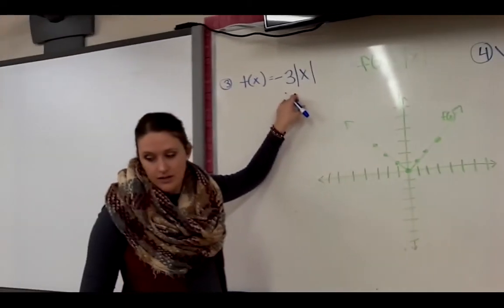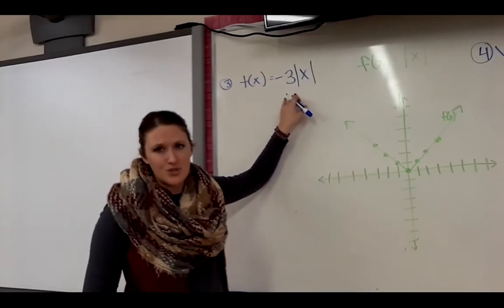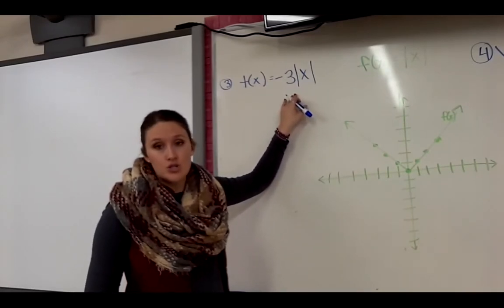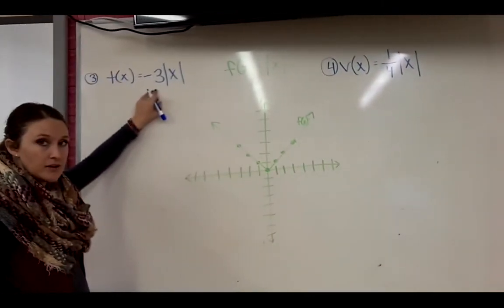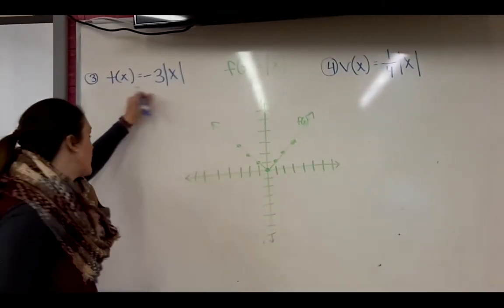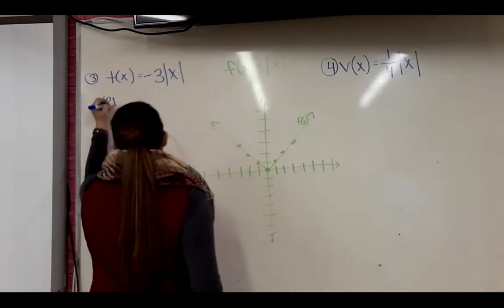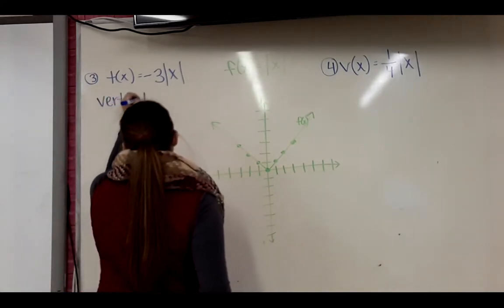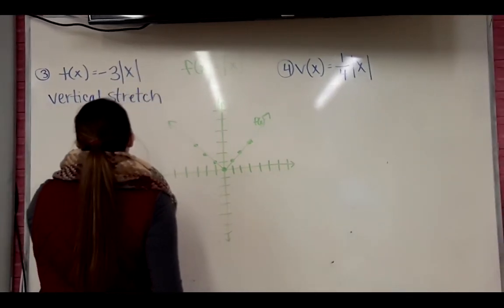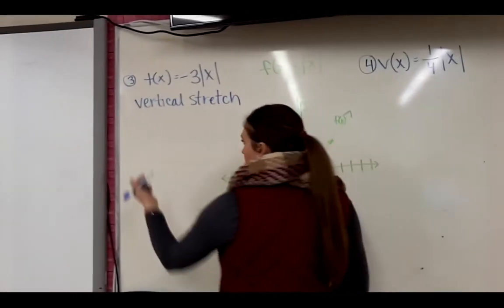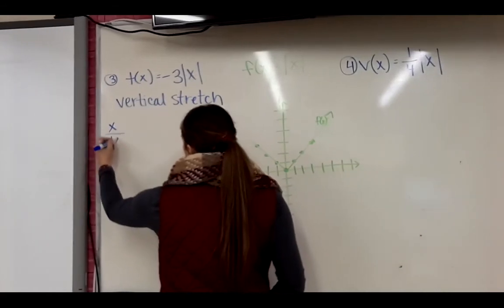That tells us, gotta double check myself, I get confused on these some too, that is a vertical stretch. When it's a whole number outside and it's being multiplied, it's a vertical stretch. We can tell that before we even graph it. Okay, so then to graph it, we make a table and plug in some numbers.